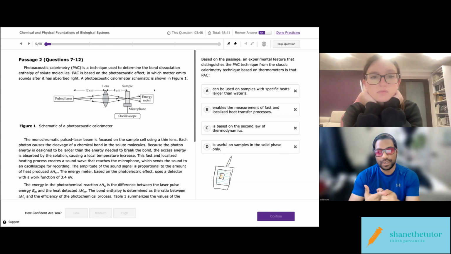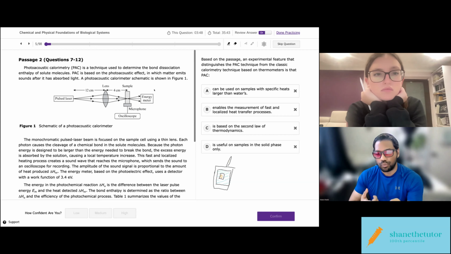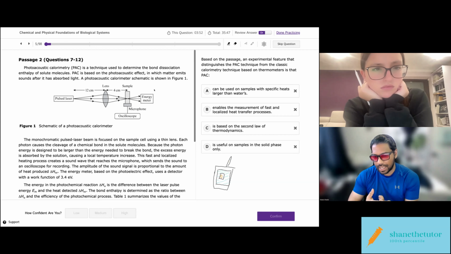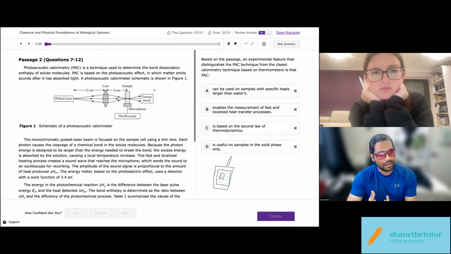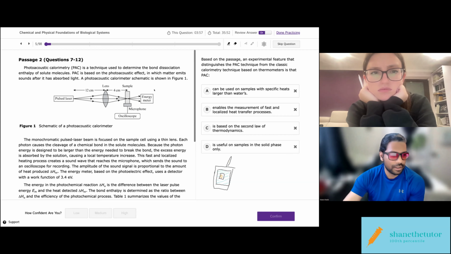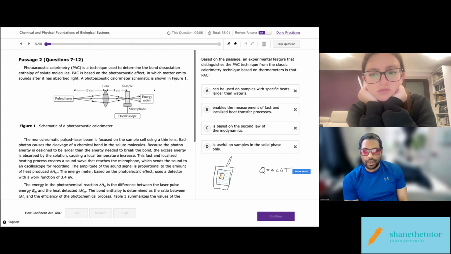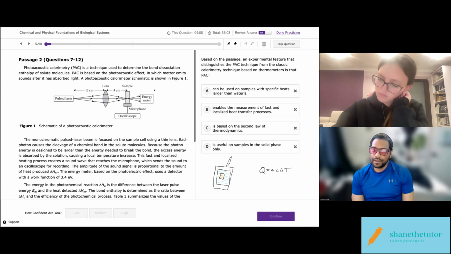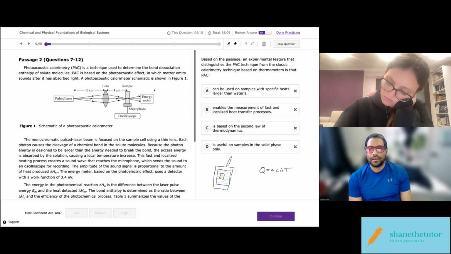That's because we would know the mass of water that we have and the specific heat of water, because it's really this thing, Q = mcΔT, where Q is the heat energy, m is the mass, in this case of the water, and c is the specific heat, in this case of water.